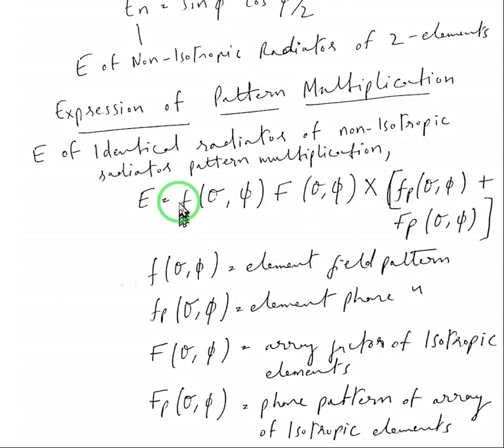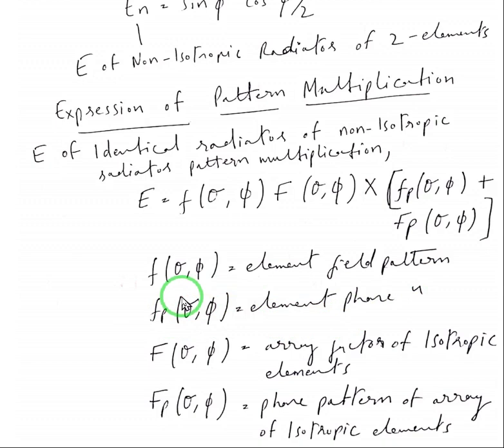Here this f is small, this F is capital, this fp is small, and this Fp is capital. Small f(theta, phi) is called the element field pattern. Small fp(theta, phi) is called the element phase pattern.